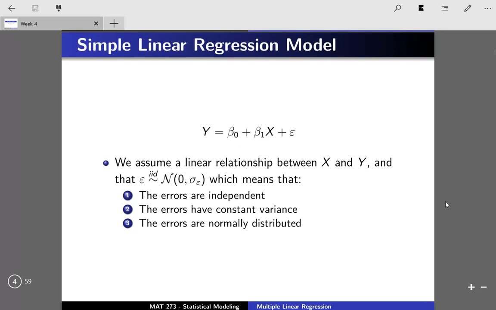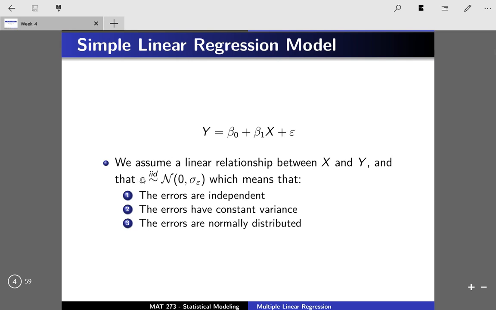And recalling back to simple linear regression, we had some assumptions that were necessary for our model to be valid. So specifically, we assumed that the residuals or errors are independent, that they have constant variance, and that they are normally distributed, that they follow that typical bell curve that we see in statistics show up a lot. And actually, all 3 of these assumptions can be summarized and stated in this one statement here.